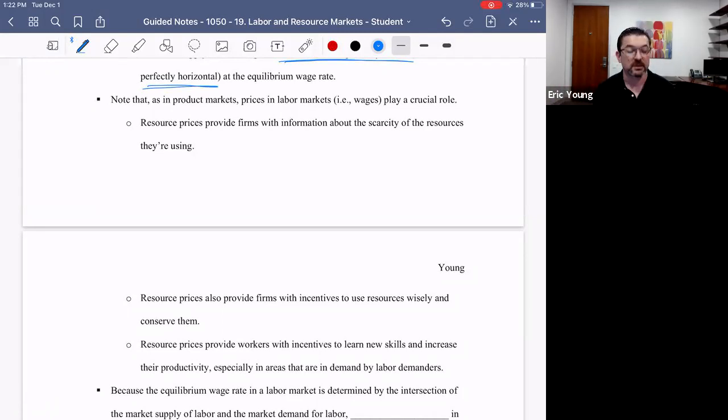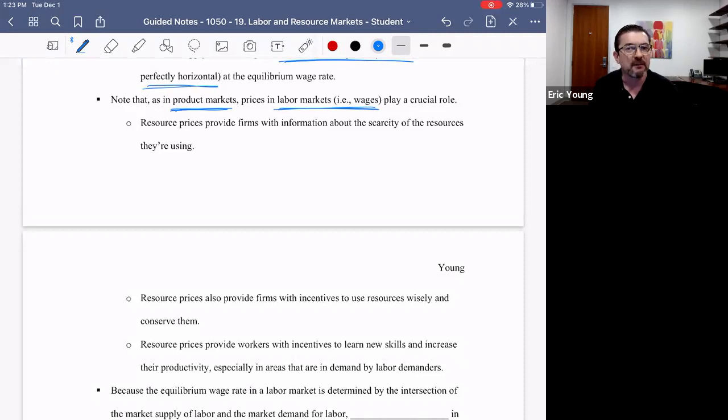Here's one big subtlety. Note that just as in product markets, in resource markets or labor markets, prices play a critical role. We learned way back in supply demand analysis that prices are critical.